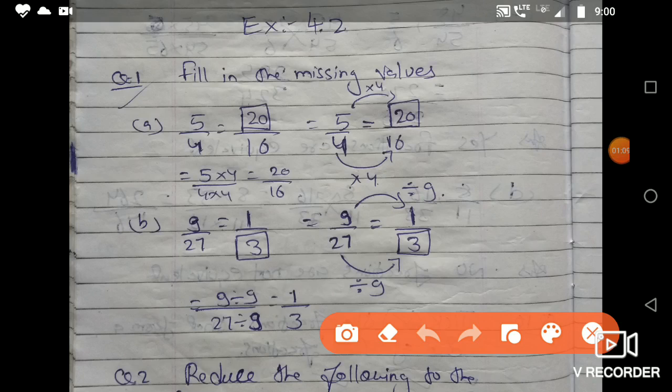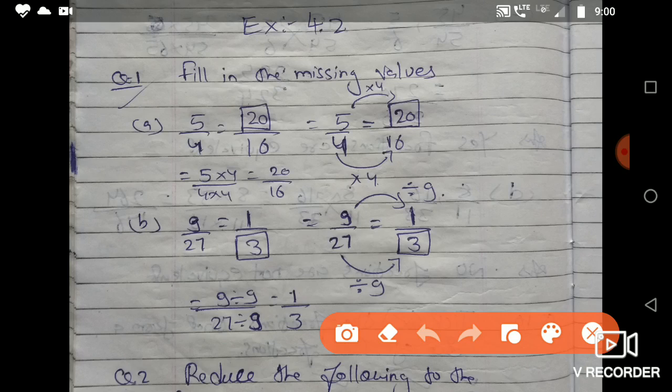Next, from exercise 4.2 we will learn some new methods. First question: fill in the missing value. First fraction given is 5 upon 4, next is box upon 16. So here we fill the missing value. 16 is given as the denominator of the next fraction, so we multiply 4 into 4, that is 16.